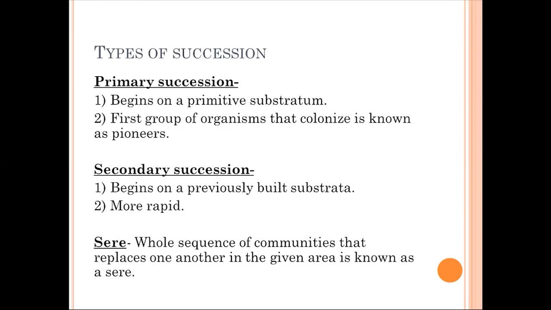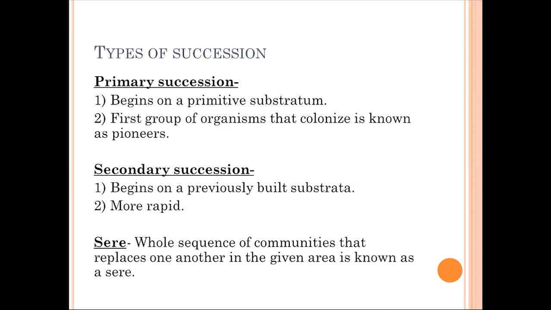Now, there are types of succession. Succession can be broadly categorized into two types: primary succession and secondary succession. Primary succession begins on a primitive substratum. Primitive substratum means there is no living matter present in this substratum previously.